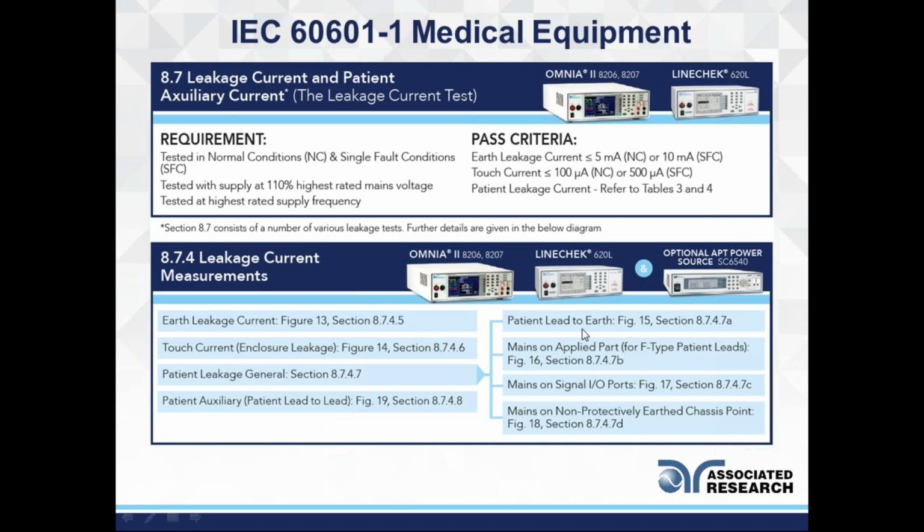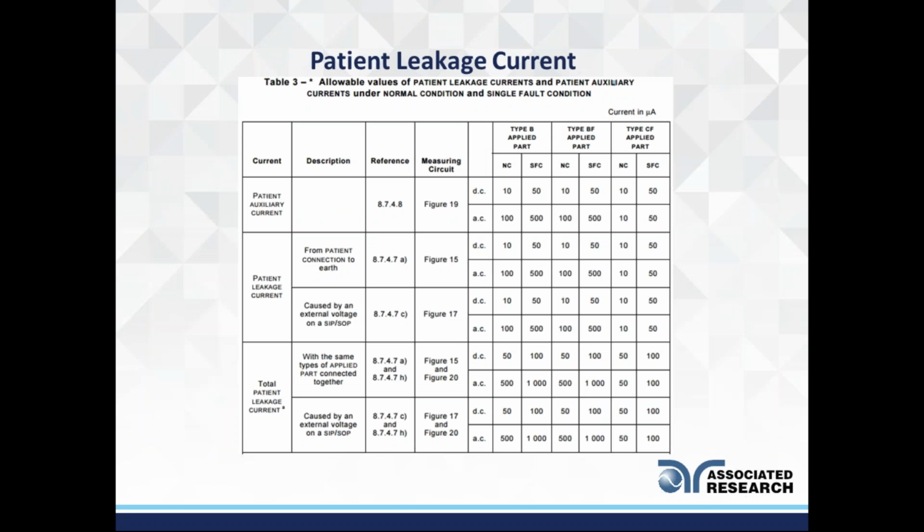So patient leakage to earth, patient mains and applied parts for F-type patient leads, mains on signal I/O ports or patient auxiliary leakage, and mains on non-protectively earthed chassis point. We might not have enough time to get to all of them, but we'll do our best. And whatever we do cover, we're going to have a poll question, a pop quiz, so we'll see if what I'm explaining is making sense.